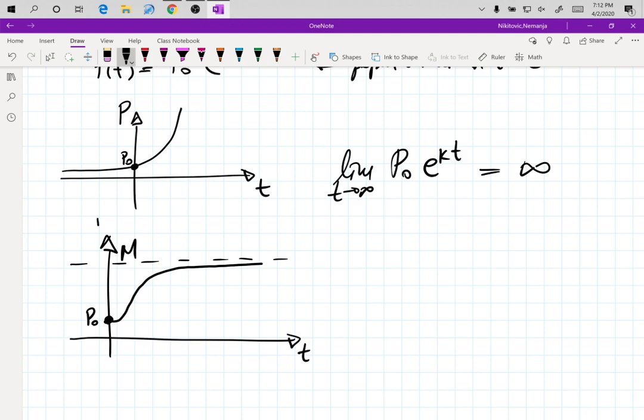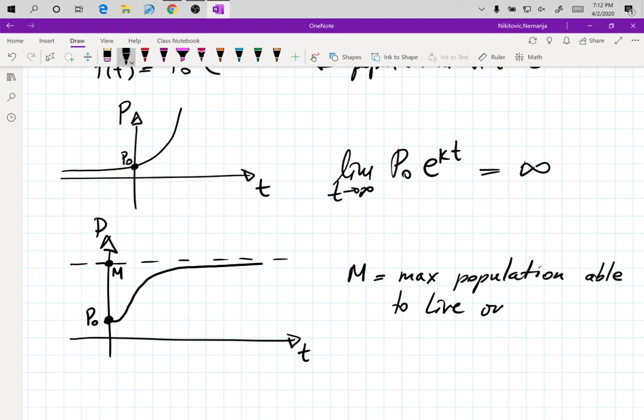So this is what population would look like. So this carrying capacity here, M, would be the max population able to live on Earth. That's it. So that's what that line is.